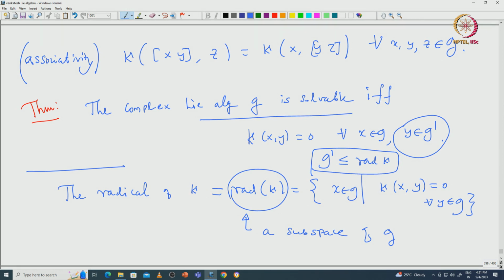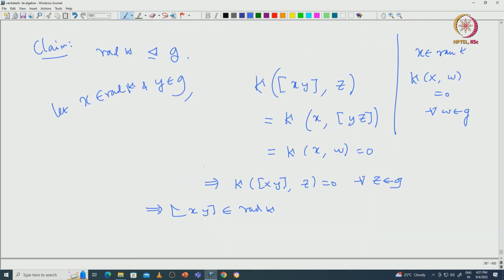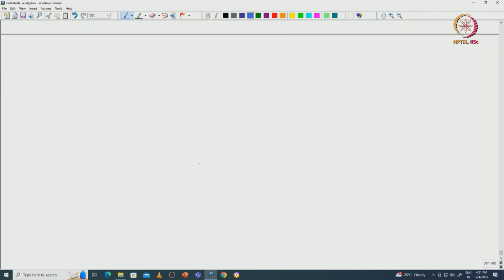Now, let us compute how this killing form behaves with respect to some ideal. So, you start with an ideal I inside G. Since I is a Lie algebra, one can talk about the killing form with respect to I, which we call kappa I. This is the killing form defined from I cross I to complex numbers.